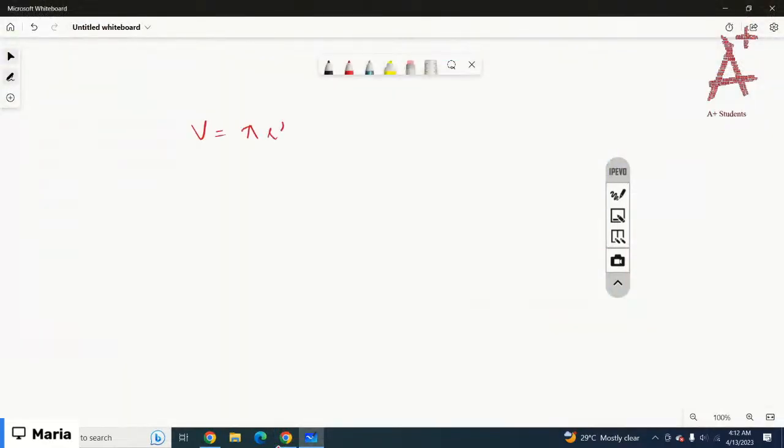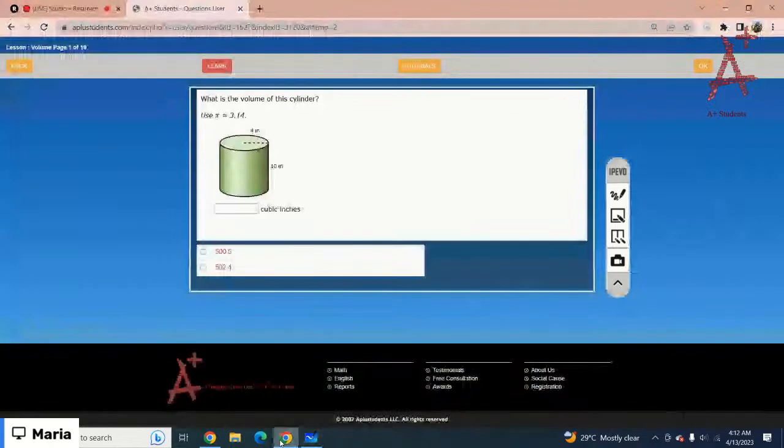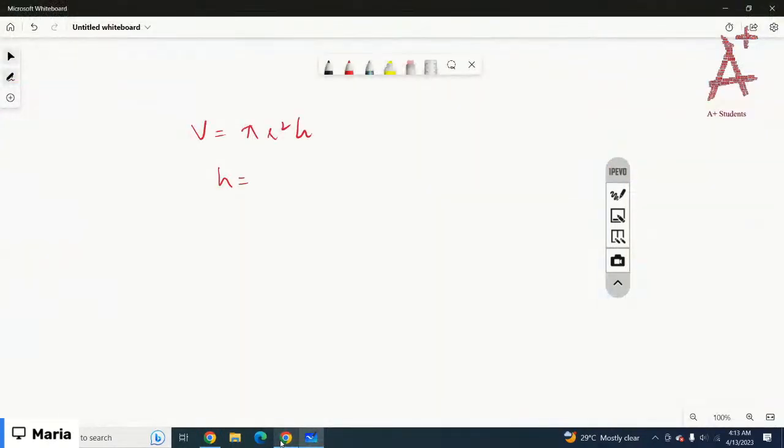V equals pi r squared h. Just put in all the values. It would be 3.14 times 4 squared times 10, and just do the calculations.